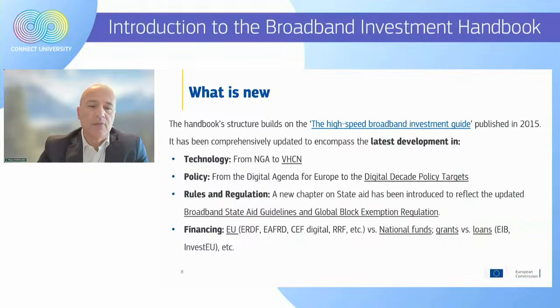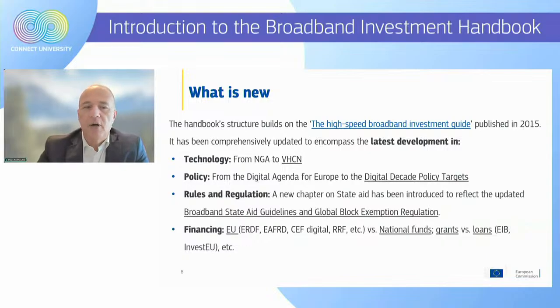Back in 2015, we had a Digital Agenda for Europe that envisaged 30 megabit for all end users, all citizens and businesses by 2020. Now we have a Digital Decade policy target that envisages gigabit connectivity for all citizens and businesses by the end of this decade. And of course, rules and regulation are adapted accordingly.